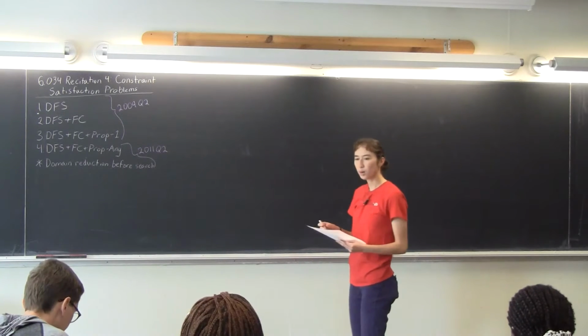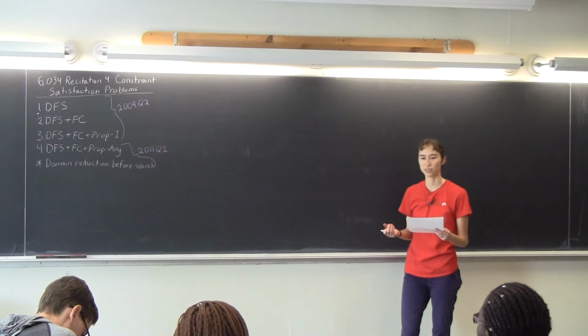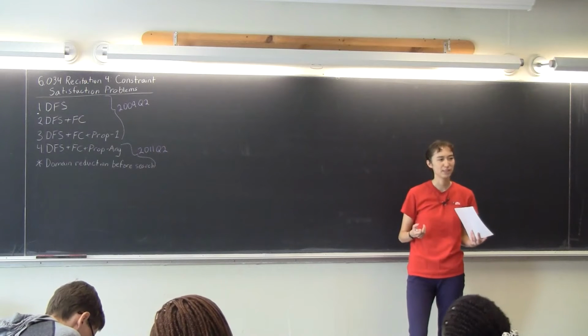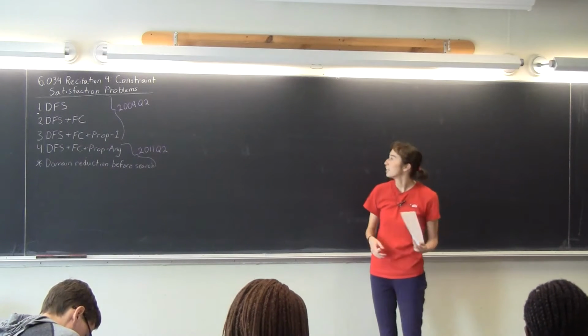So we're going to start with a problem from 2009 Quiz 2, where MIT is having a time travelers convention. They've invited a bunch of famous scientists from the past to come and speak in the present day.